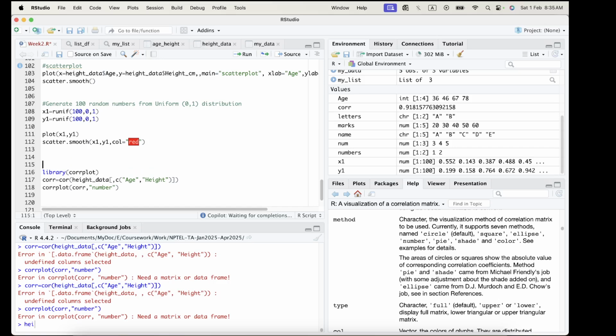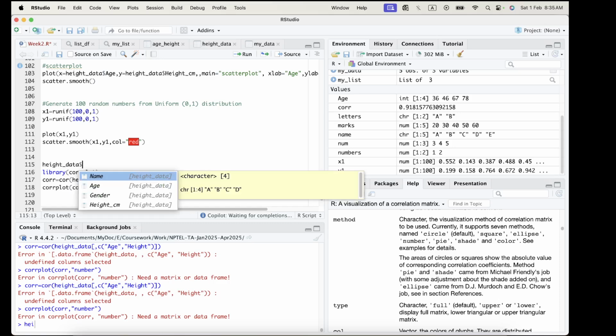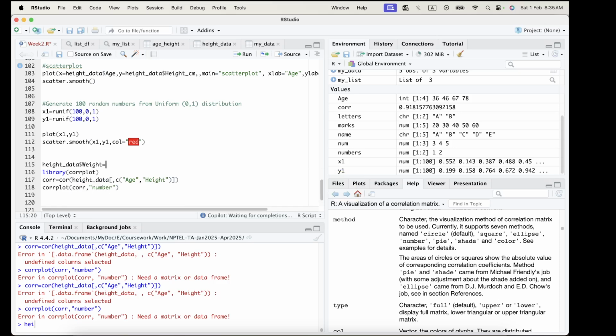If I just add something, height data dollar weight equal to, let's say I add 88, 65, 78, 82.